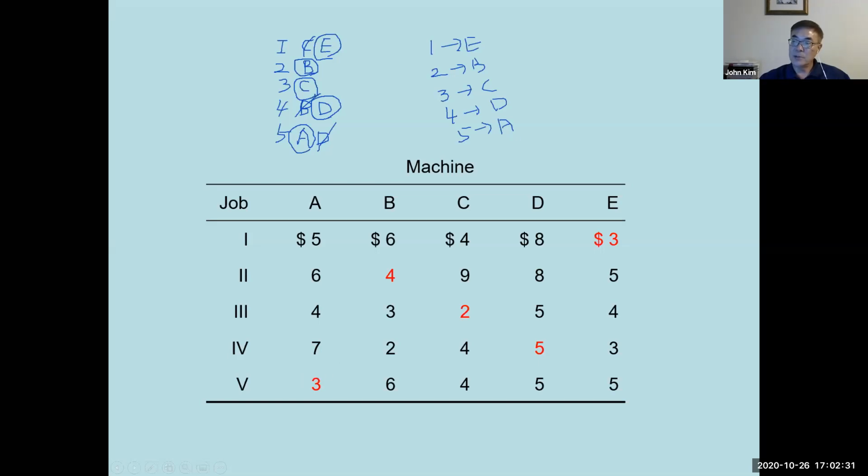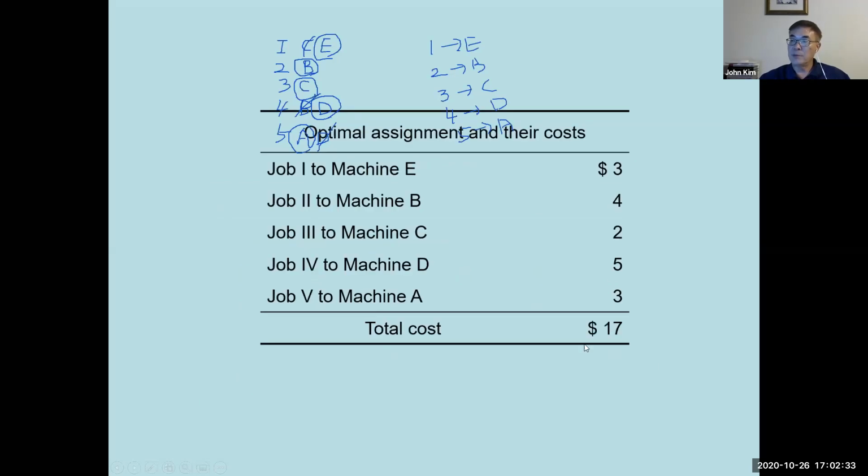So total cost will be $17. There are many steps, but if you practice with my steps and what I said, then it will be okay. Not too complicated. Any question?